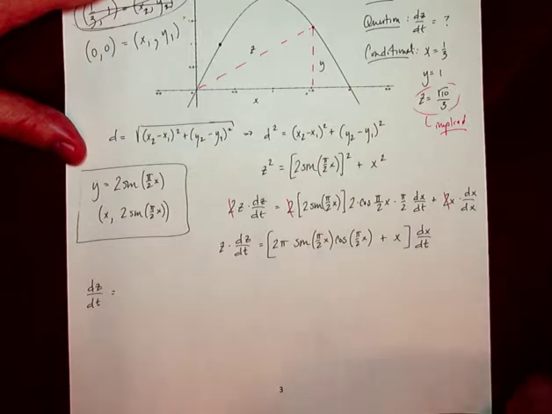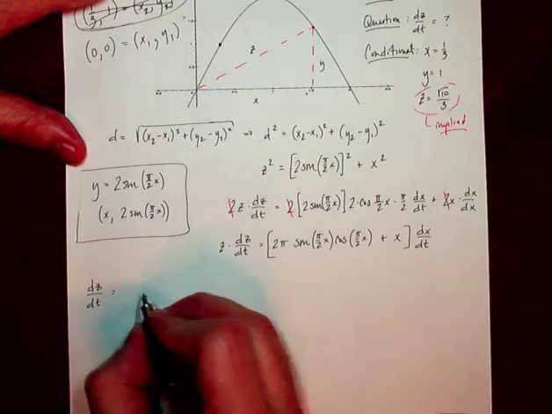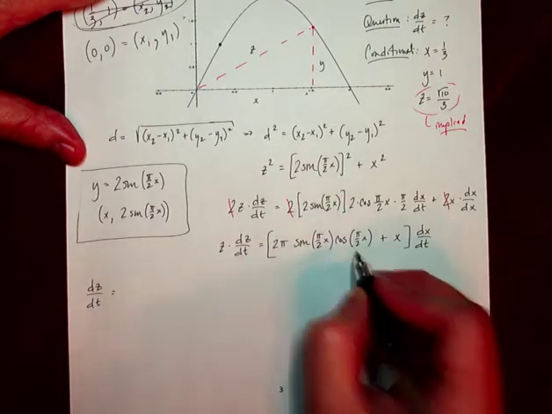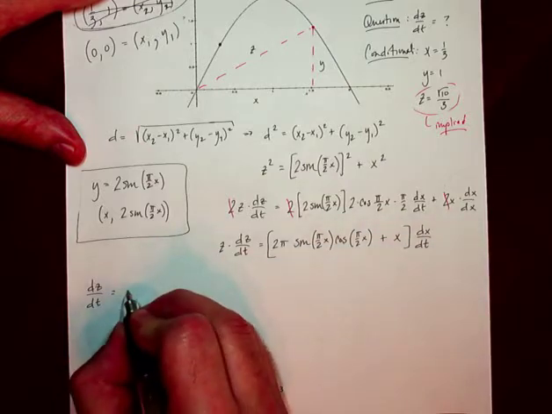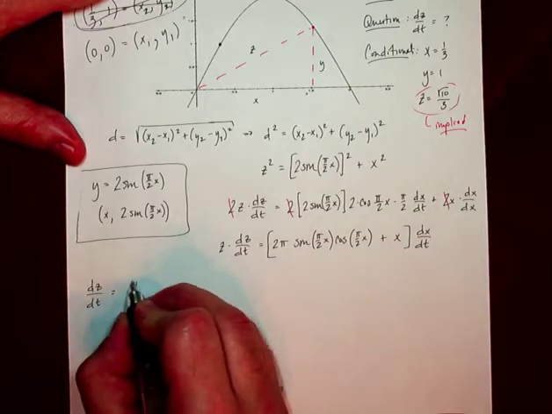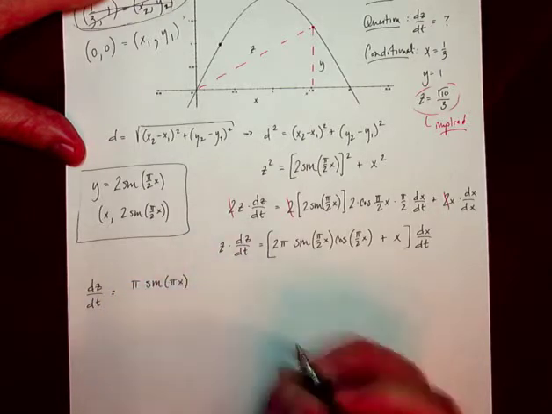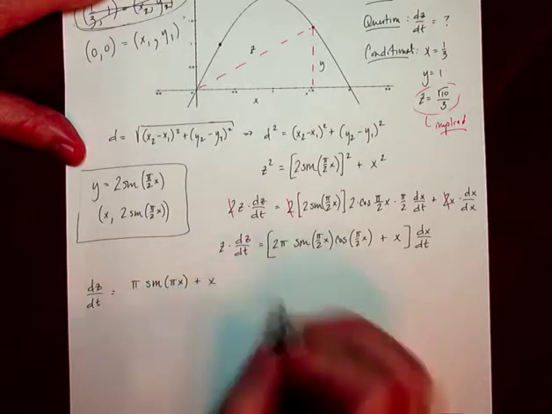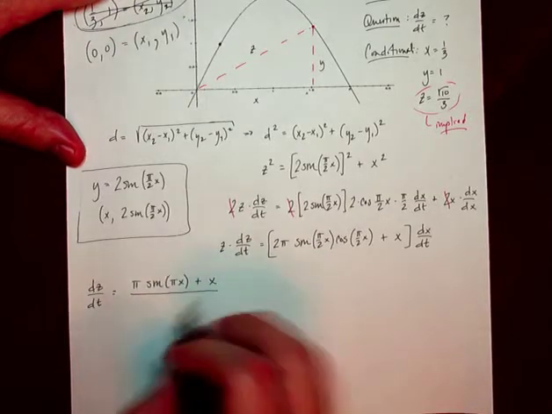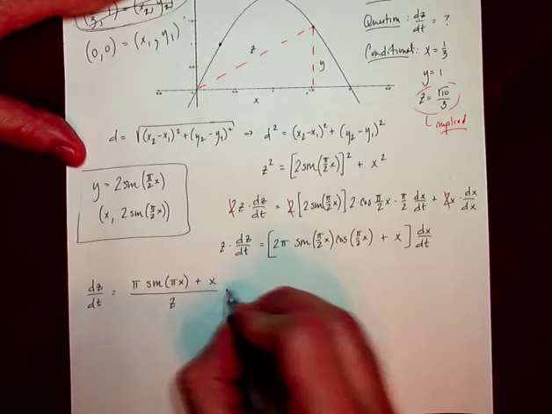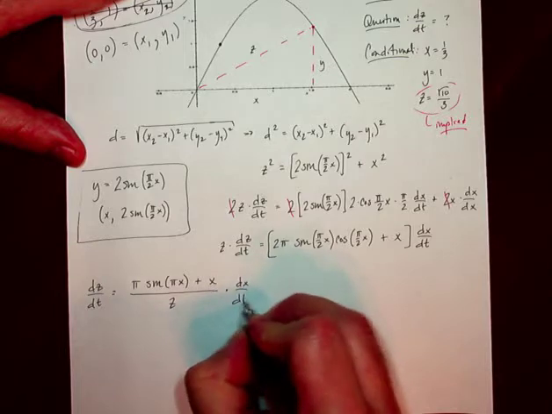You don't have to, though. So basically, if I take the 2, the sine, and the cosine, I'm going to turn it into pi times sine of pi x plus x, all of that over z times dx dt.